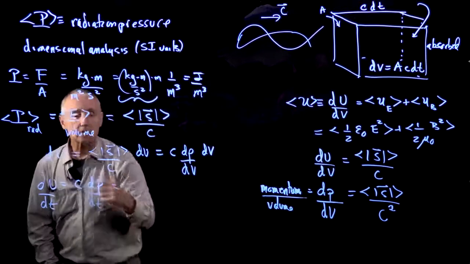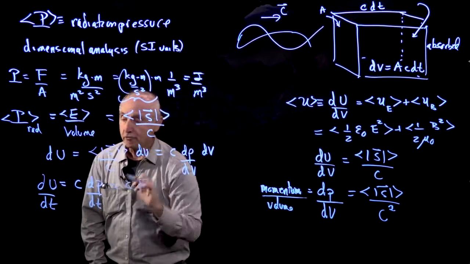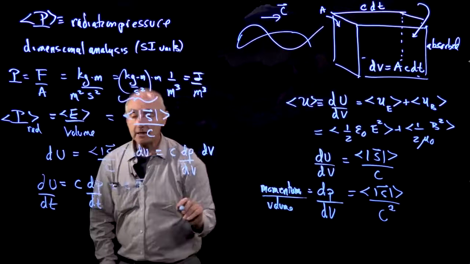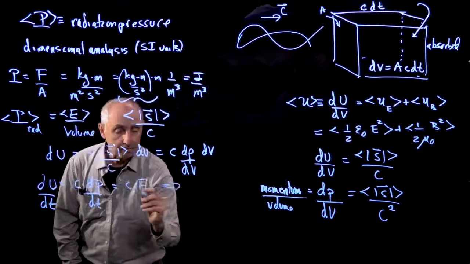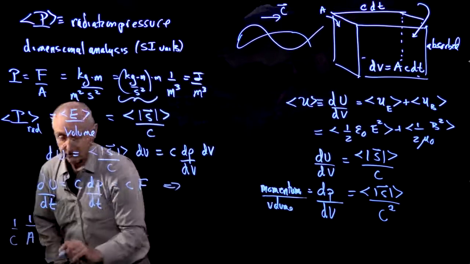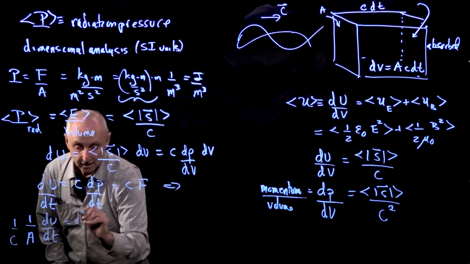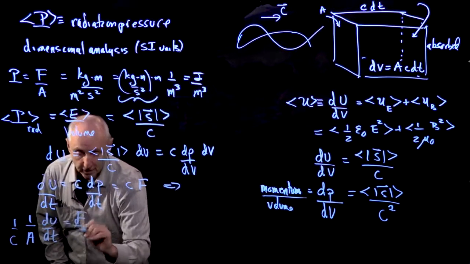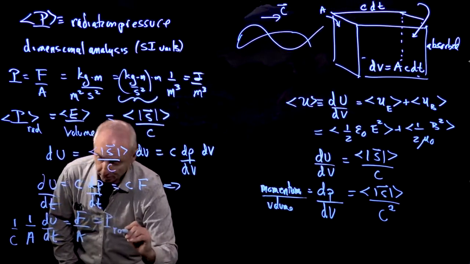Now, the rate of change of momentum is just by definition force. And if we divide on both sides by area, so we get 1 over area, and let's take the factor 1 over c, du dt, then we get force per area, which is what we call the radiation pressure.